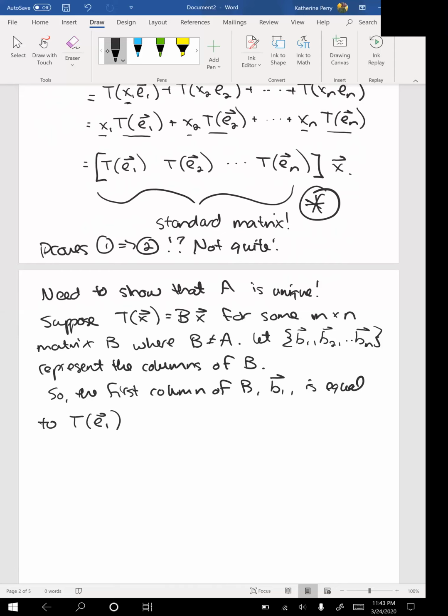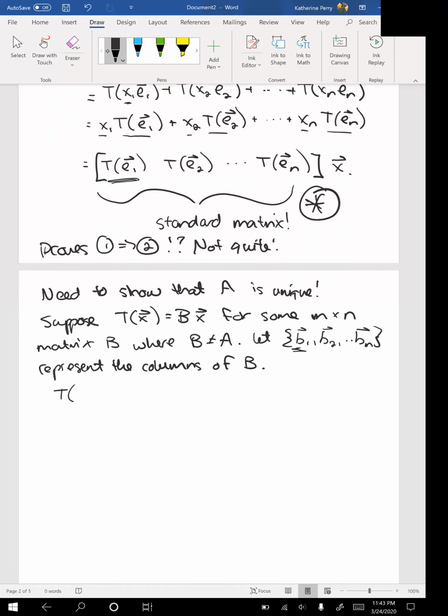So, okay, I have this matrix. Let me cross this out. Sorry. Actually, I can erase it. So there's no evidence that it ever happened except in the video. All right. So what I want to notice, I'm going to show that this B1 is equal to this T of E1. So here, if I take the transformation of, I'm allowed to put in any vector with n dimensions.